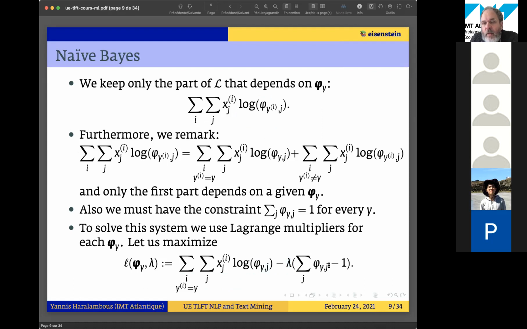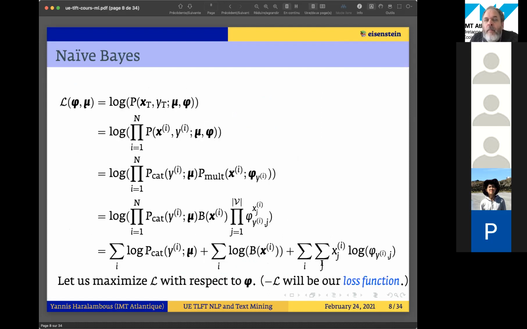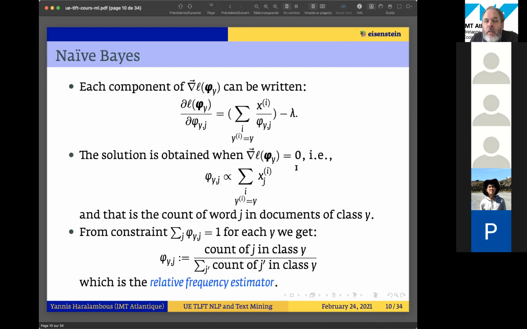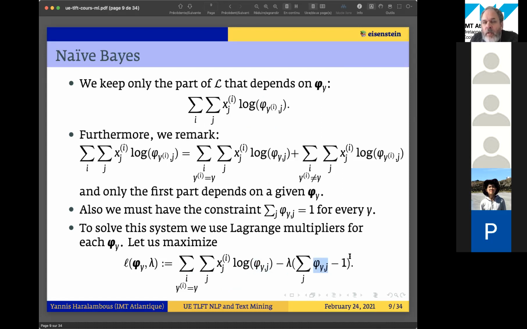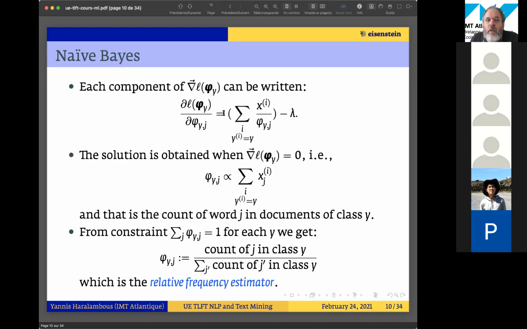Among this sum, we are only interested in phi yj, so we keep only 1. And the derivative is 1. And then this is a constant, so derivative is 0. So here is our derivative. And this is what we want to set equal to 0 to get an extremum.